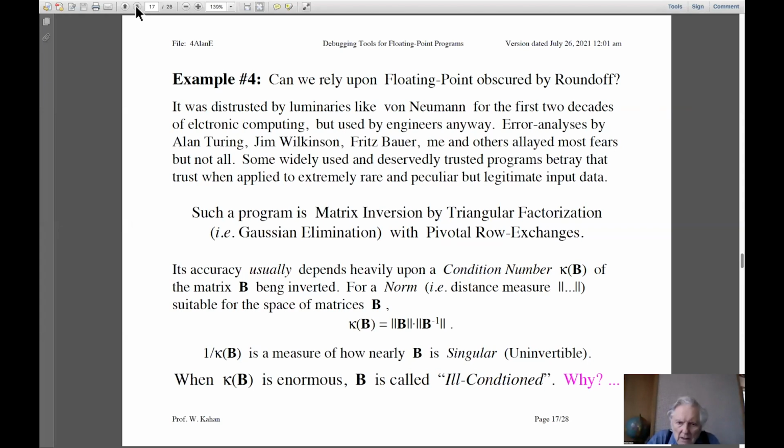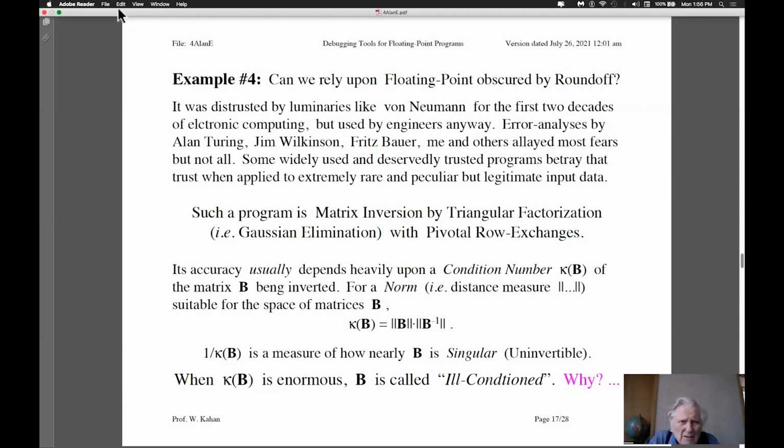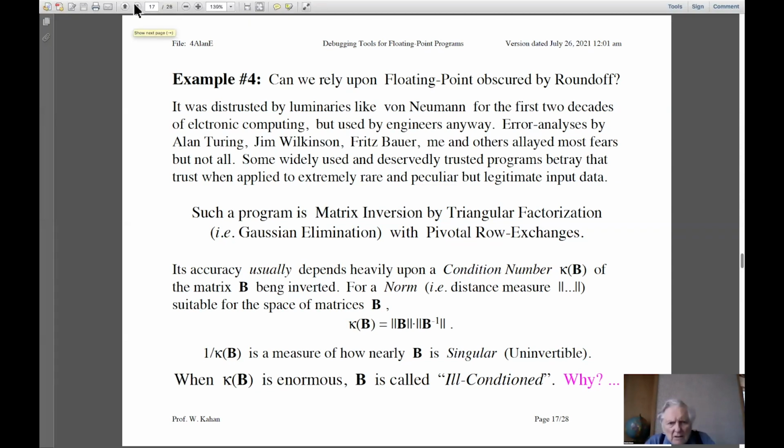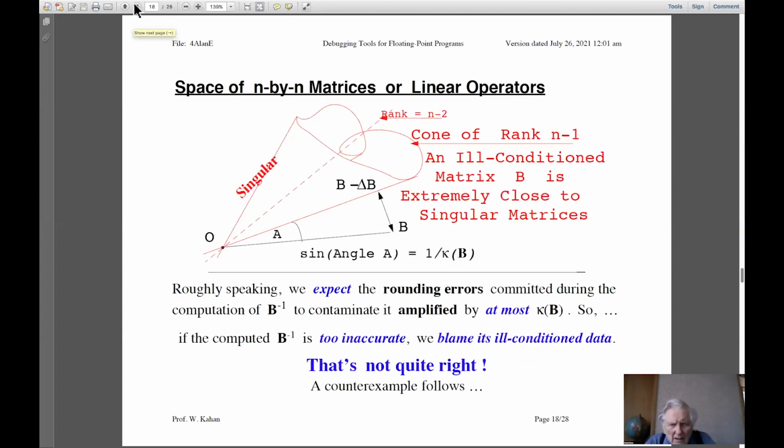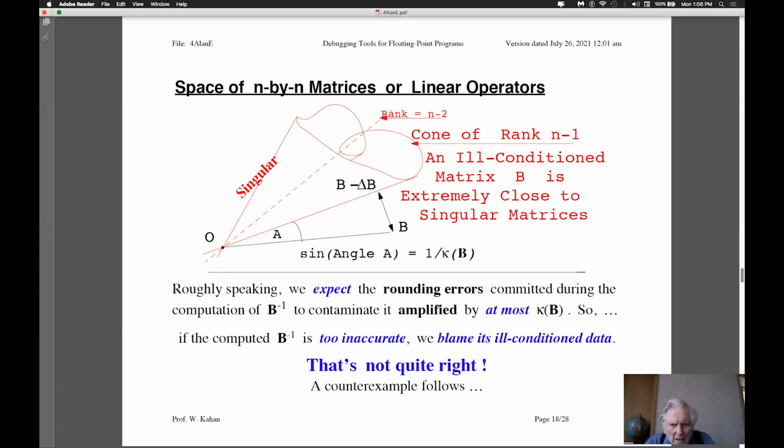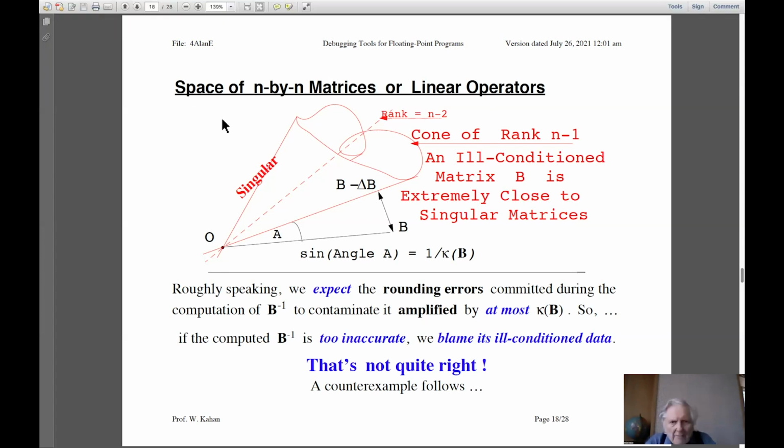And if K of B is large, which means, because its reciprocal measures that angle, let me show you what happens here. Here's some idea of what the condition number means. The singular matrices, the ones that have no inverses, they form a cone.